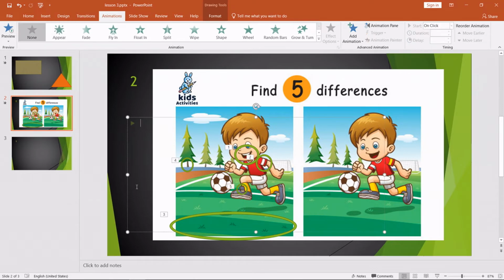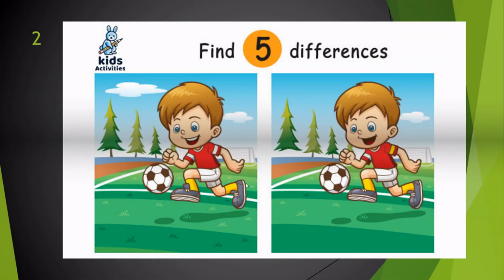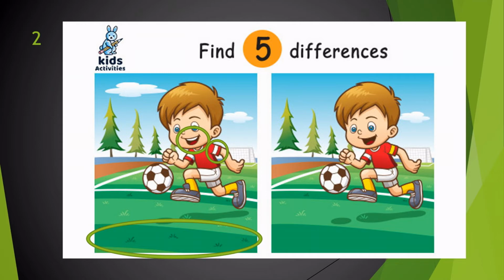Like this. So now if we go, for example, to slideshow, play from current slide. If you now press it, you'll see the first difference, second, third, fourth, and fifth difference is now marked. So that is really easy.